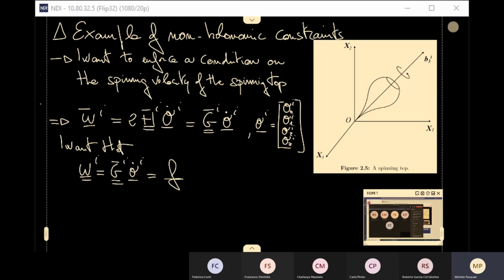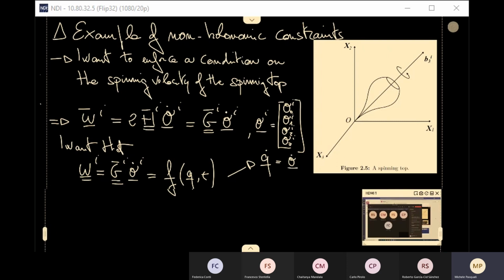Actually, let's say that this f, in general, could also be a function of the generalized parameters. So if you look at this, what do you have? You have that your q dot is what we call theta dot here, okay?